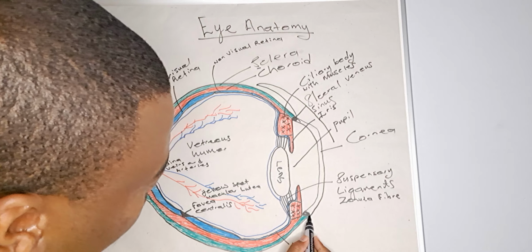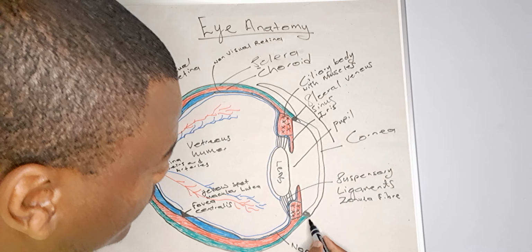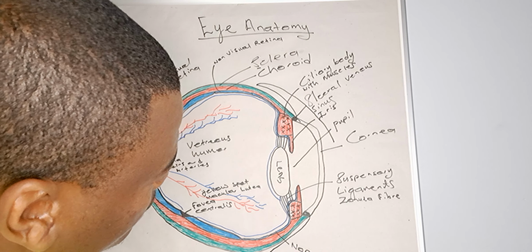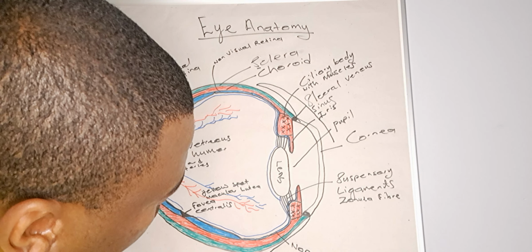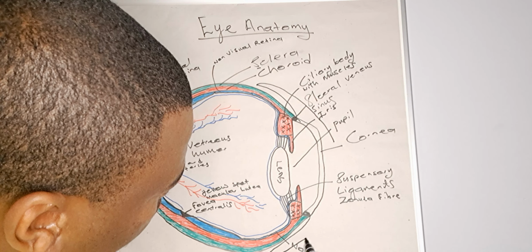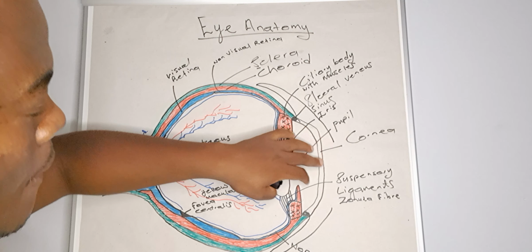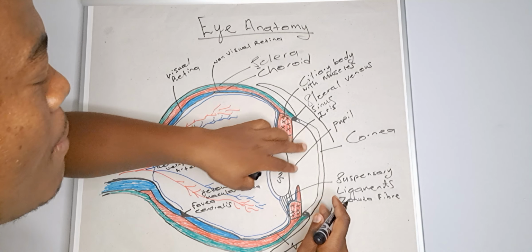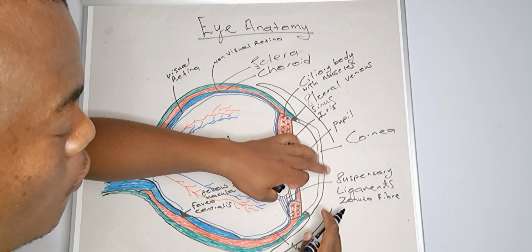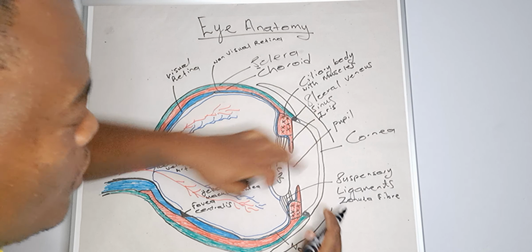Falling back again. Now I want you to see, people. This and this are the same. Do you see what is happening here? Now we are trying to come up with the structure of the conjunctiva.